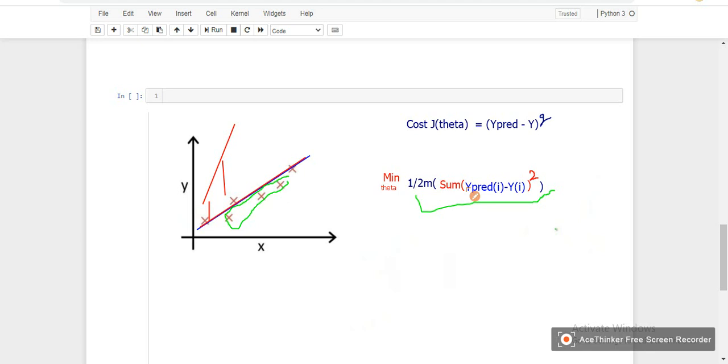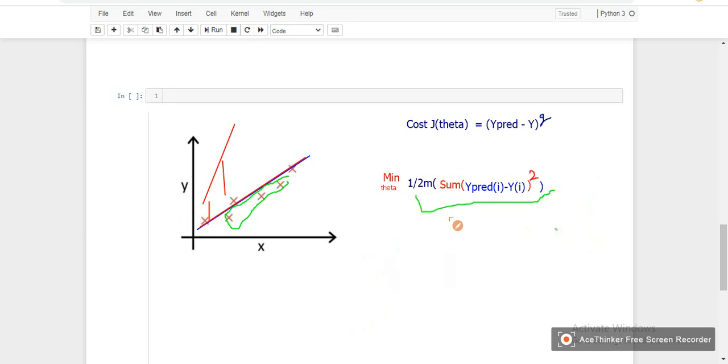That is the sum of y predicted minus y original to the whole square, and this is multiplied by 1 by 2m. M is the total number of data points. This is to minimize the cost function. We have added this 1 by 2 for easier mathematical calculations, as it is easier to minimize 1 by 2 of a thing.